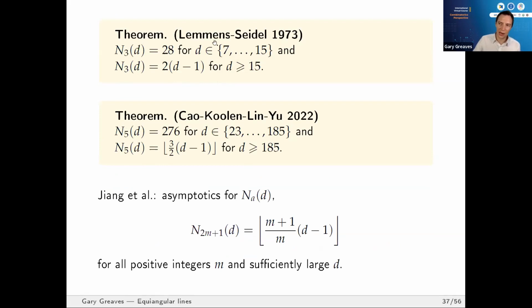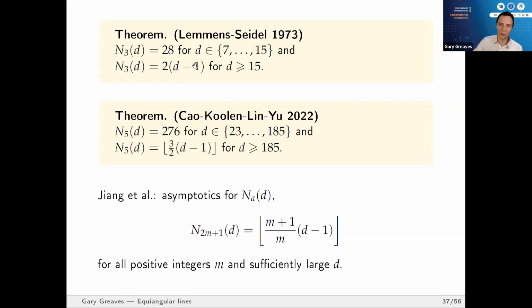So Lemmens and Seidel, in their seminal paper, showed that if you restrict to the angle being 1/3, then the best you can do is 28 lines for these dimensions. And when your dimension is at least 15, you get some rubbish bound. You get just 2 times d minus 1. So you get something just linear in d.